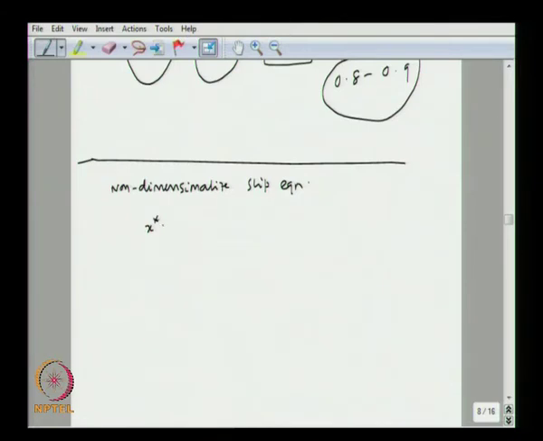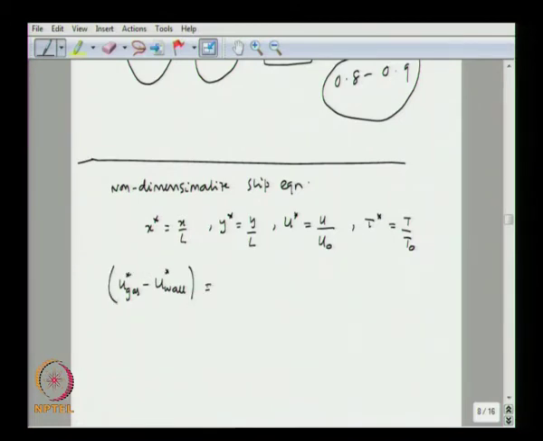We can define x star as x over L, y star as y over L, u star as u divided by some characteristic velocity u0, and T star as T over T0. If you do that, then you can write the expression for the slip, u gas minus u wall, with all terms non-dimensionalized now.